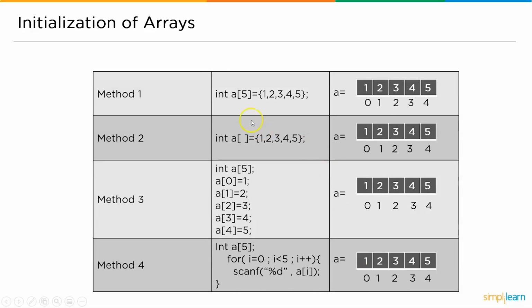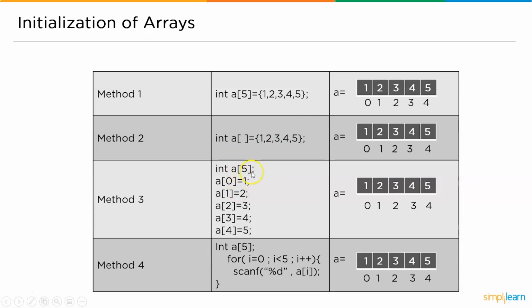These are a few more methods to initialize the array. Here you can see integer data type, array name is A, element size is 5, and we have 5 elements. Method 2: remember I said you can eliminate the size of the array? So here you can use this way as well: integer data type, array name A, and no size, and you can directly declare the elements.